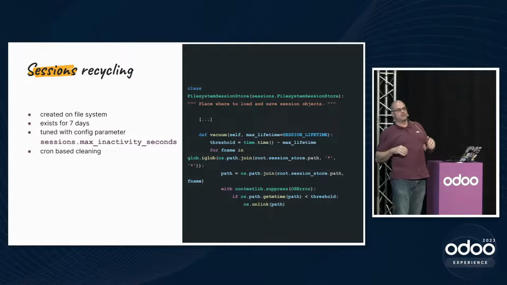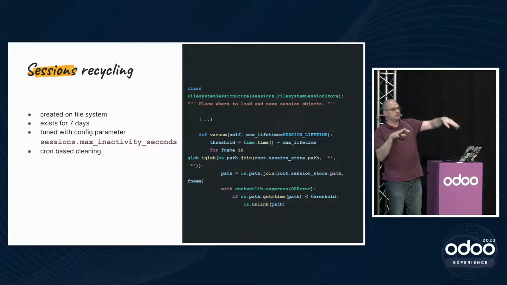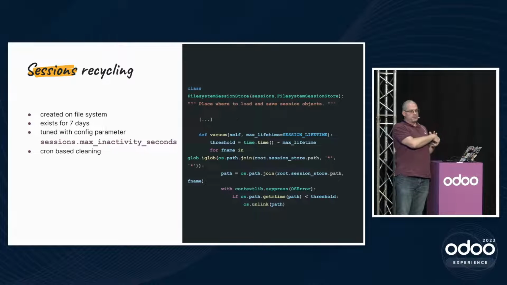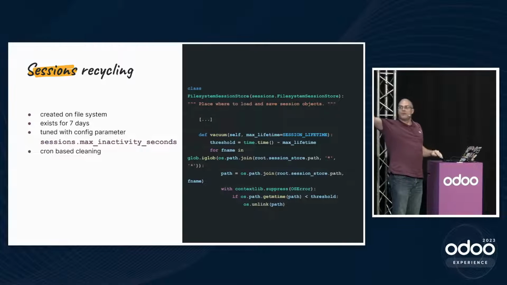I said that sessions are files stored on the disk. There is a mechanism in Odoo which is responsible for cleaning those sessions. You can tune it with a config parameter. The config parameter is called sessions.max_inactivity_seconds.